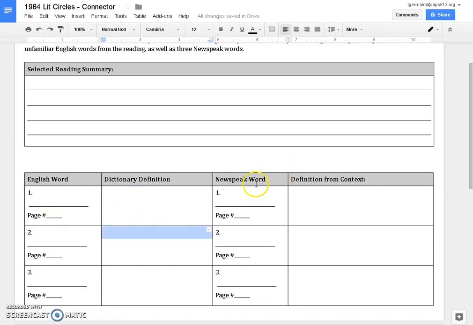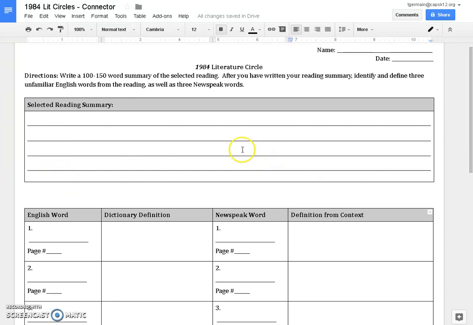And then in this column you have Newspeak words. These are words that are part of the official language of the Party, words that are not part of our official English language. Write them down, the page number they came from, and then use context clues to figure out what that word means in the context of 1984. Okay, so that's the vocabulary section down here.